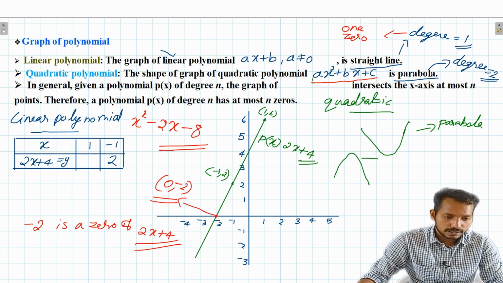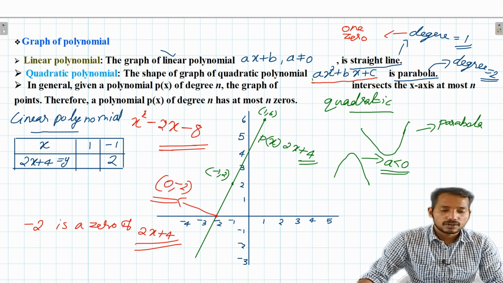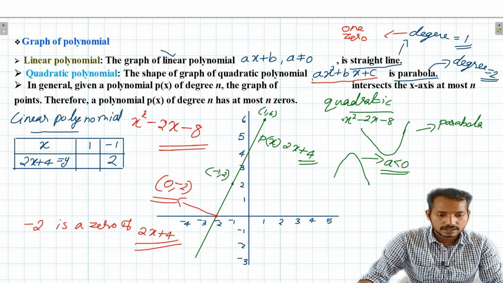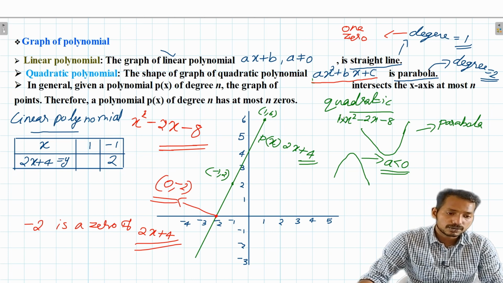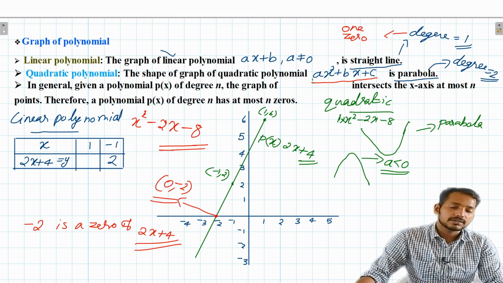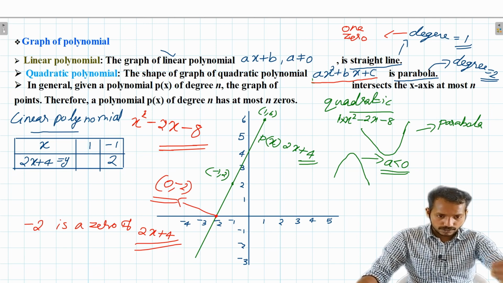It is possible if a is less than 0, that means a negative value. The example which we have taken in the graph plotting is x square minus 2x minus 8, where the coefficient of x square, that is a, was 1, positive. Because of that, we got an upward parabola. If it is a negative value, we will get a downward parabola. That is what we have to remember.